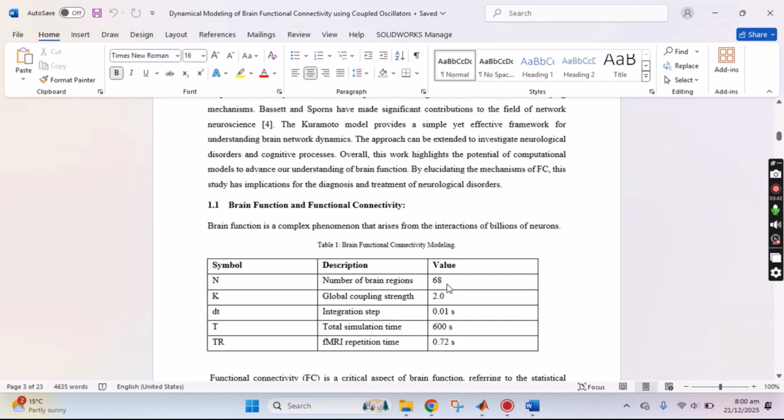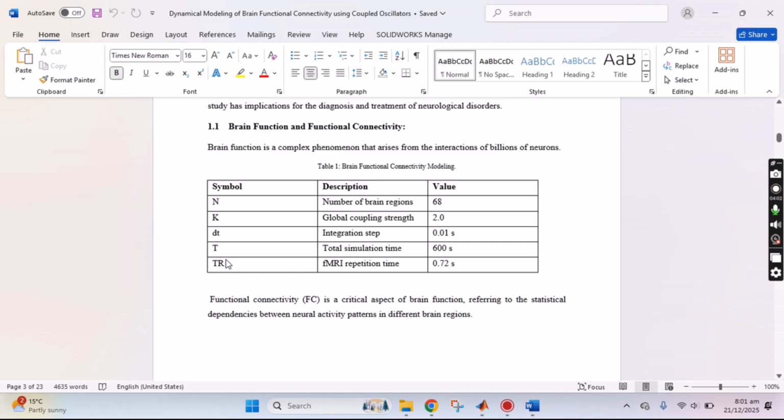The parameters include the number of brain regions, global coupling strength, integration step, total simulation time, and fMRI repetition time.